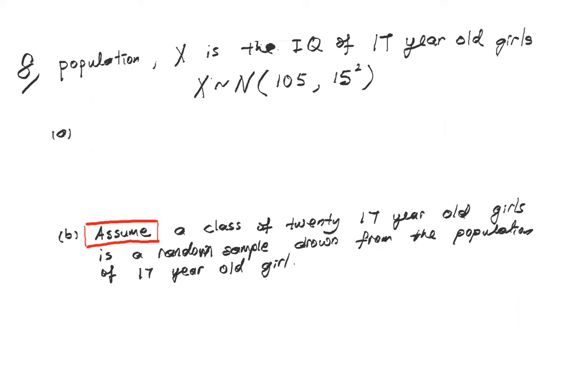Okay. So in this case, the first part, you want to find the probability that an individual girl will have an IQ more than 110.